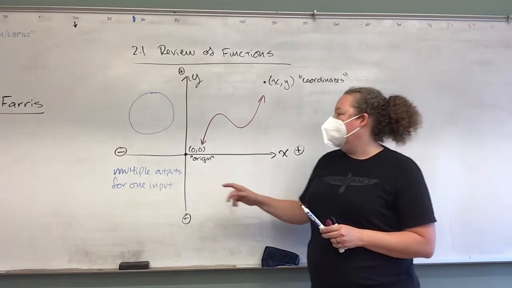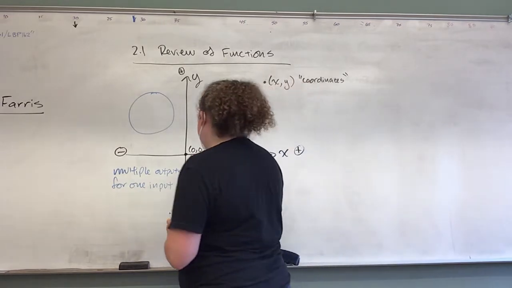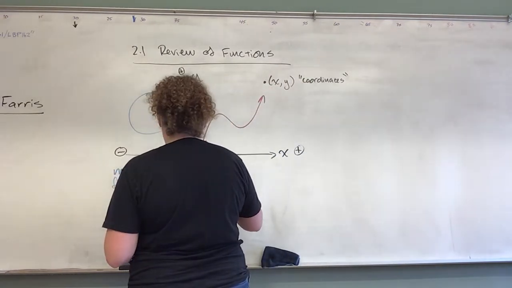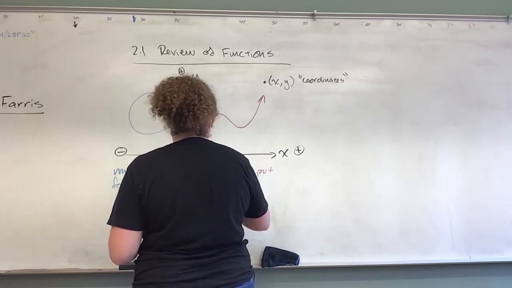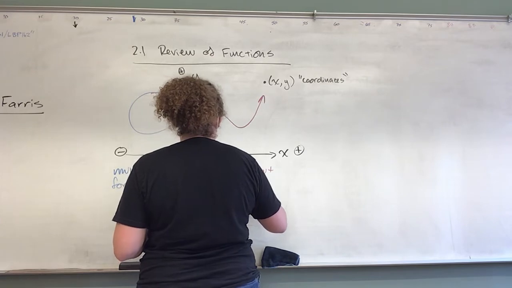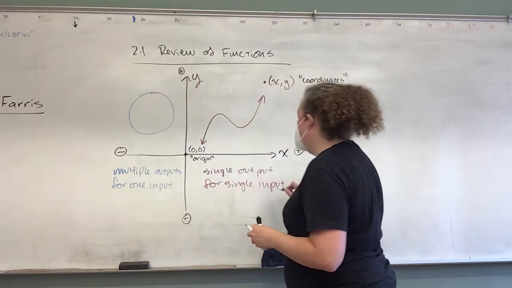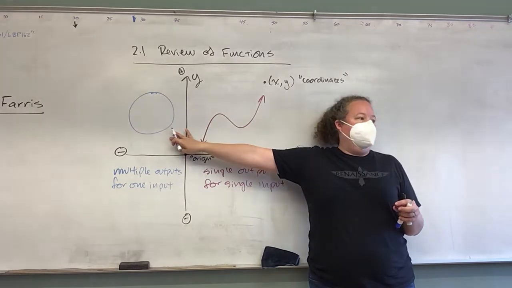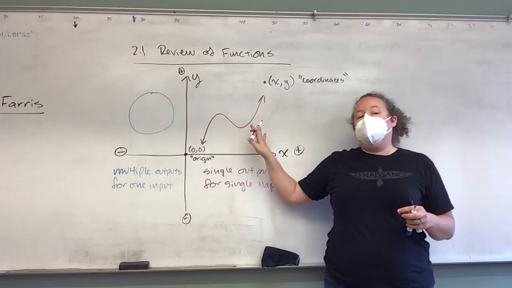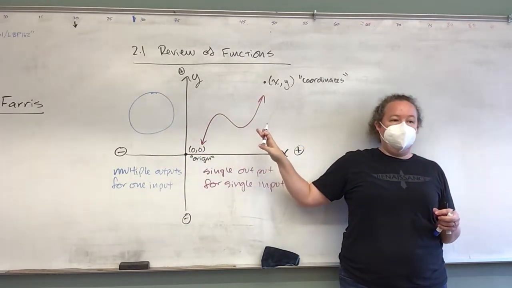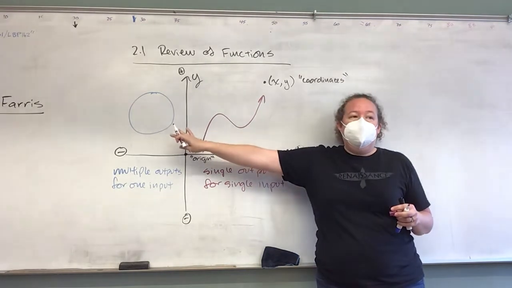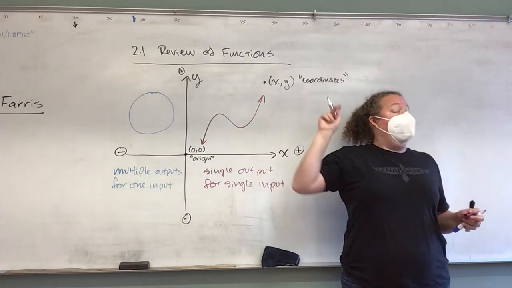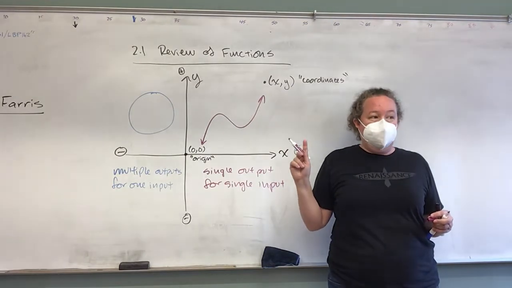So the fact that this is the distinguishing factor between them. This has a single output for a single input. But that doesn't mean this isn't a graph. Can both of these be represented by an equation? Yes. So actually, they both are represented by a graph, and they both can be represented by an equation.